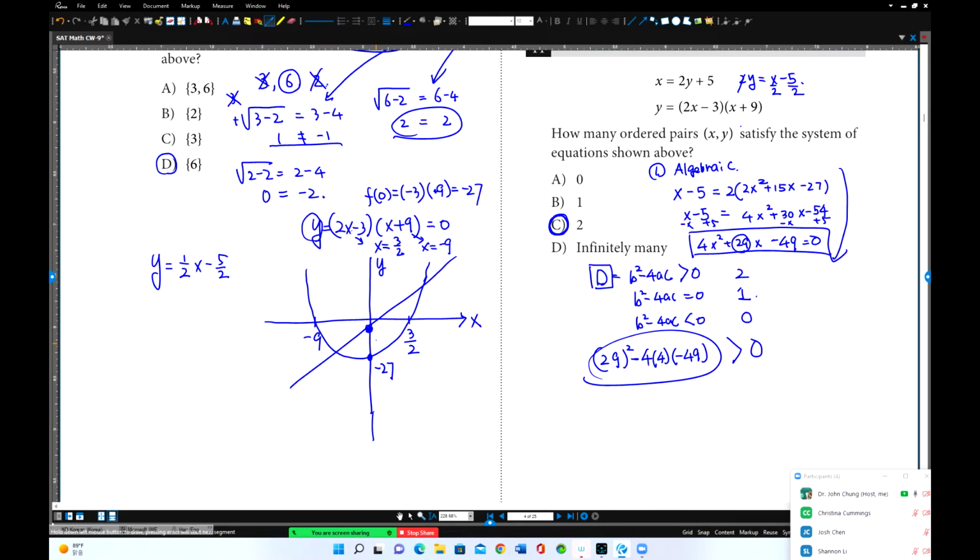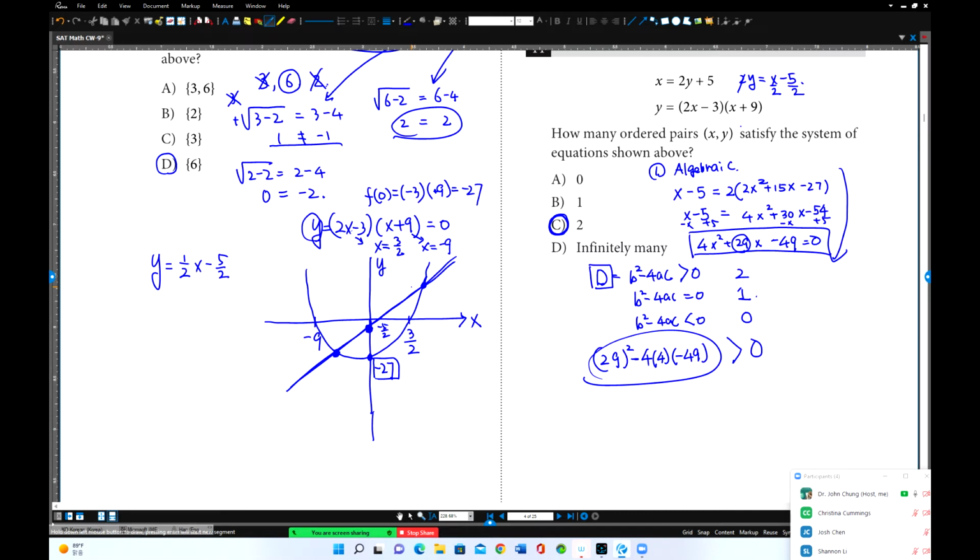Anyway, this graph is what? Move inside of a graph, there are always two intersections there. Okay? This point is important because this is negative 27, lower than this one, so they're going to intersect inside over here, right? So from the graph, always two intersections.